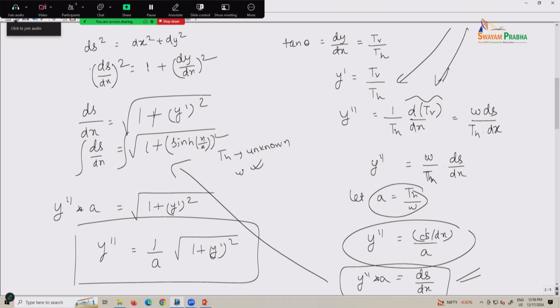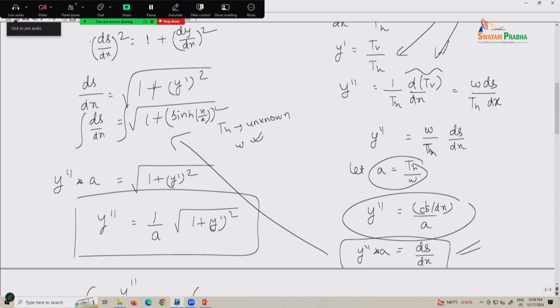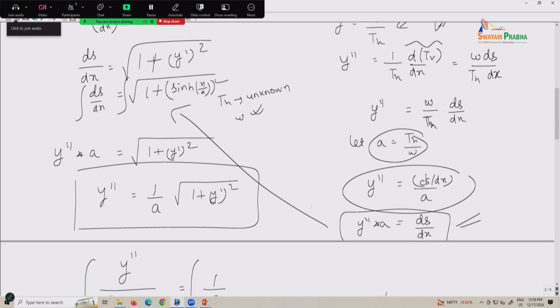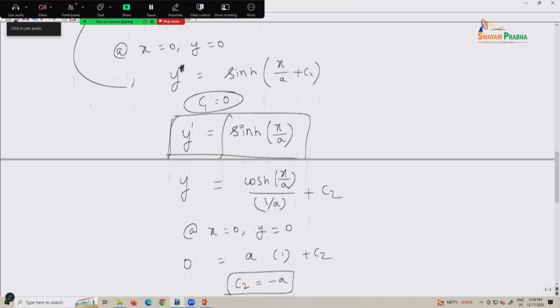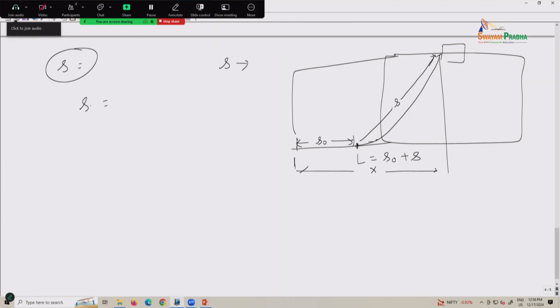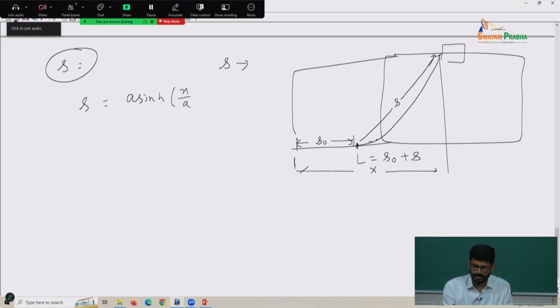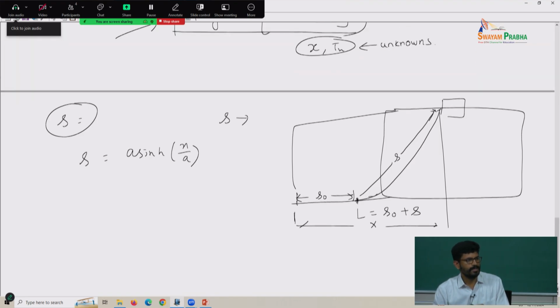There are multiple ways to get it: either you can do the double integration for y and use this expression, or use the other equation to get the expression for s. So finally you will have something like this. What is the expression you will get? I think it is a sin hyperbolic x by a. Please check whether you are getting this one.